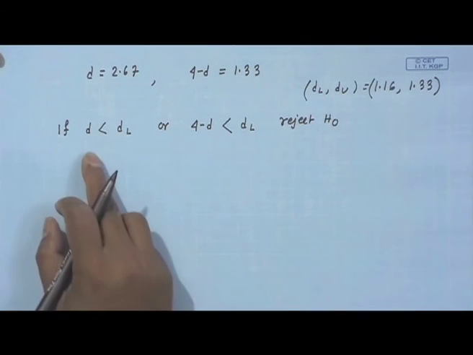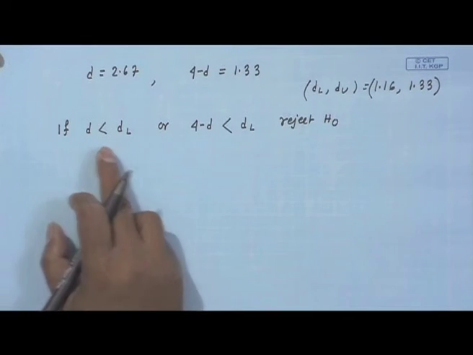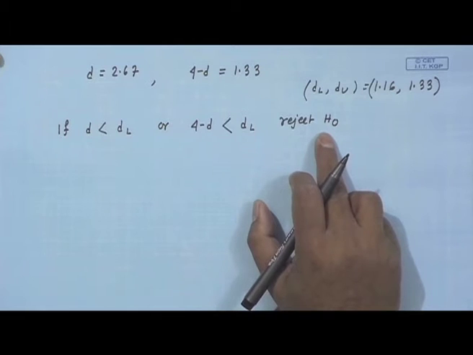That means if the Durbin-Watson test statistic is small, then you reject H naught.